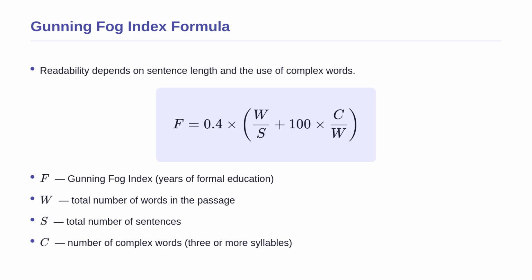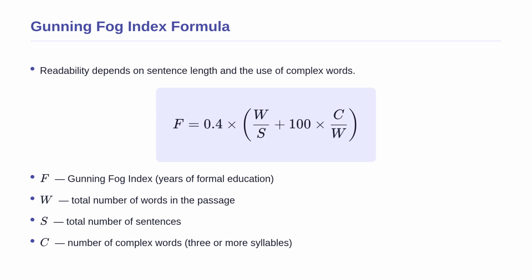W represents the total number of words, S is the total number of sentences, and C is the number of complex words, which are words with 3 or more syllables. Physically, if W increases while S stays the same, your sentences are getting longer, driving the index up. Similarly, using more complex jargon increases C, which also raises the index and makes your report harder to read.